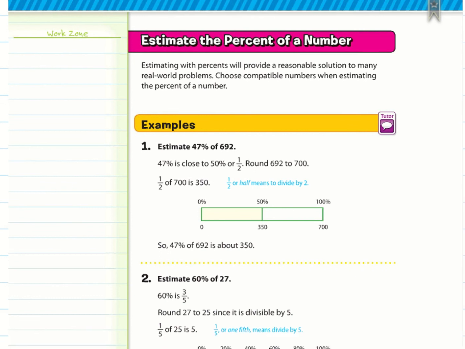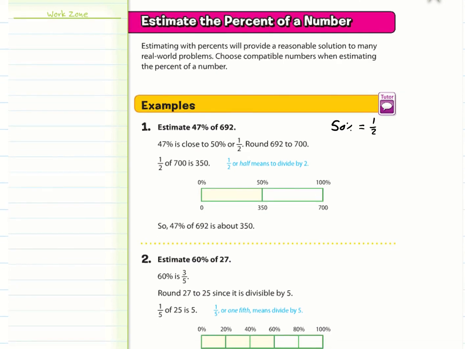So we're going to be estimating the percents of a number. It says estimating with percents will provide a reasonable solution to many real-world problems. Choose compatible numbers when estimating the percent of a number. So we're doing 47% of 692. So it says 47% is close to 50%, or 1/2, because 50% is equivalent to 1/2. Now 692, we're going to round that to 700. So I need to find 1/2 of 700.